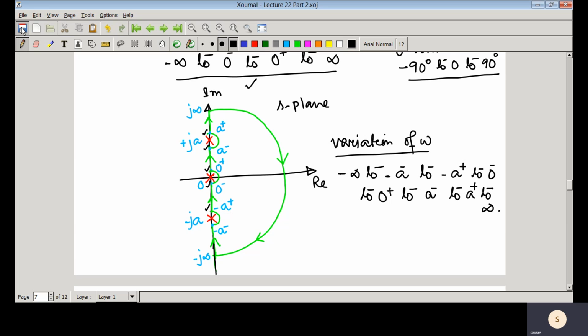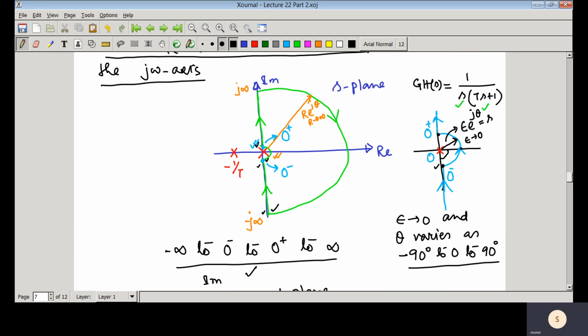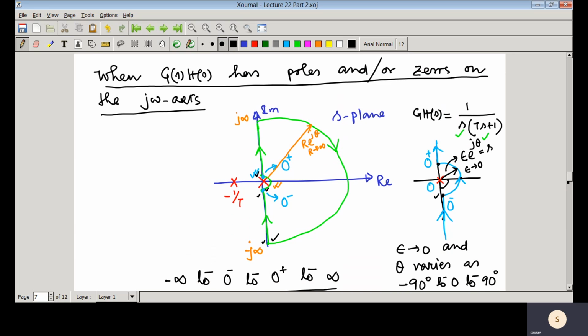So here what we have seen is, whenever G of s, H of s has any pole or zeros on the imaginary axis, we need to take one Nyquist contour just excluding those points. And how to describe those points?